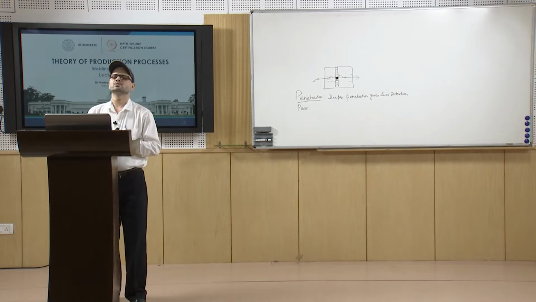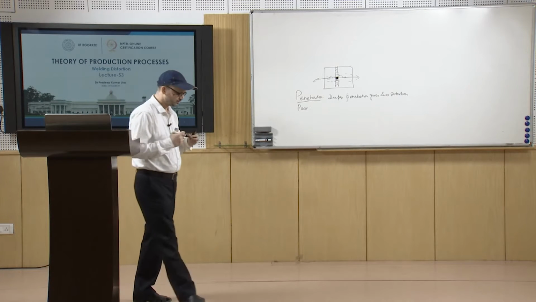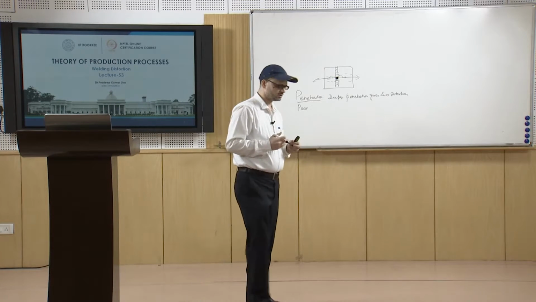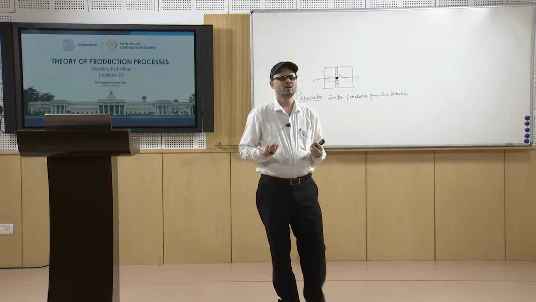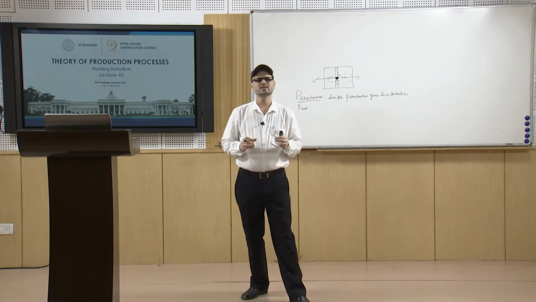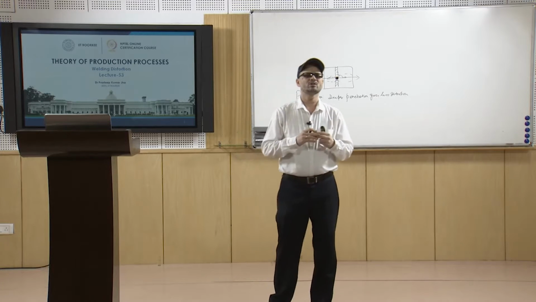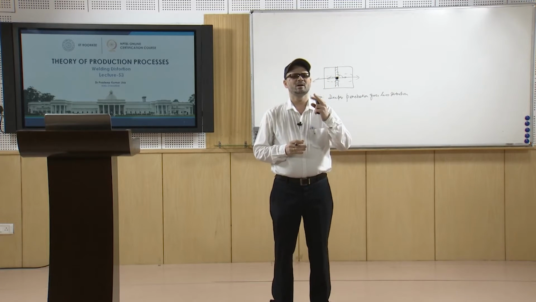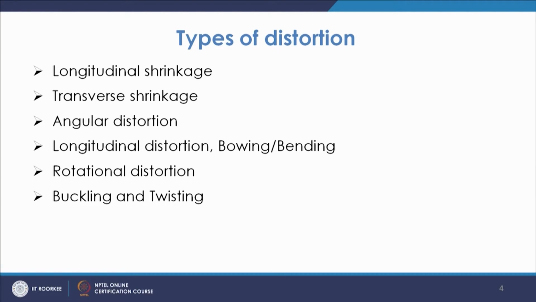Now, coming to the longitudinal types of distortion. When we talk about distortions, we must know what the types of distortion are and how the distortion looks. Distortion is normally of these types: longitudinal shrinkage, transverse shrinkage, angular distortion, longitudinal distortion, rotational distortion, and buckling and twisting.